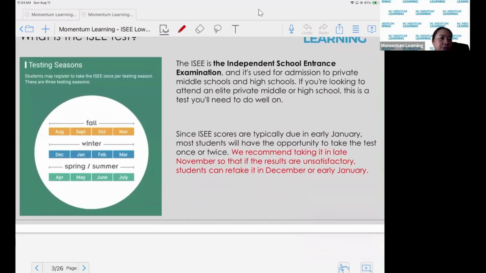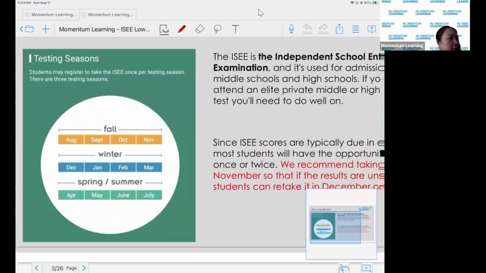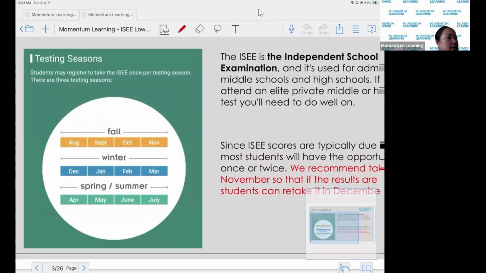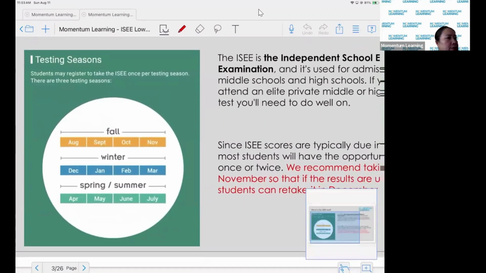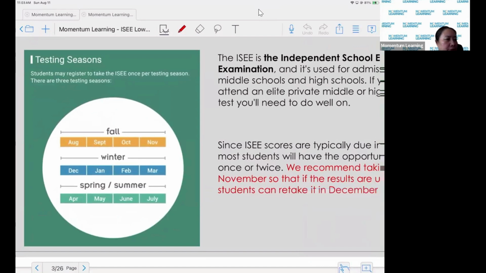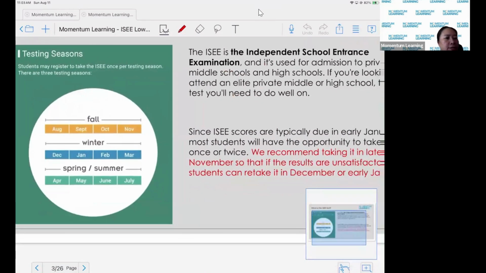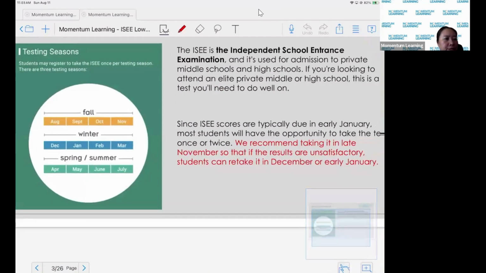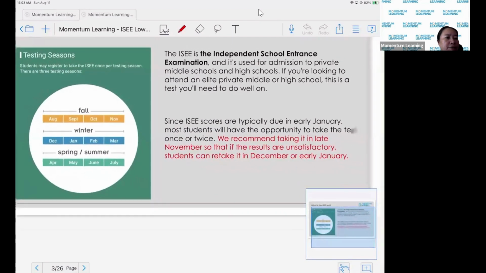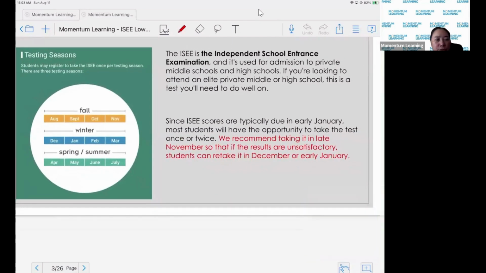Usually the scores are due in early January. If you look at the left side, the test will be offered 3 times, in 3 different seasons: fall, winter, and the spring-summer season. Because it's due in early January, most students will have the opportunity to take the test once or twice.